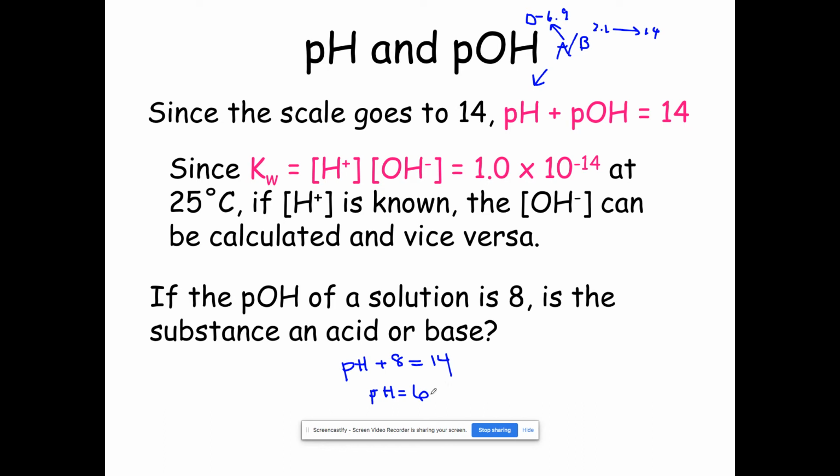If I have a substance with a pH of 6, that's going to be an acid. Okay? And that goes along with a worksheet that is in the book, pOH. I haven't seen that too much in the Regents again, but it doesn't hurt to learn some chemistry just for the sake of learning chemistry.